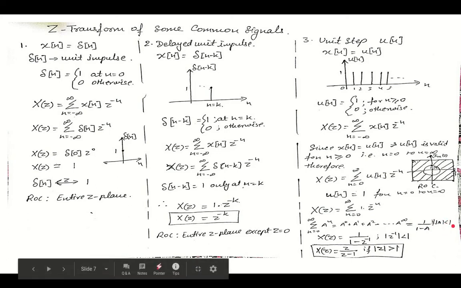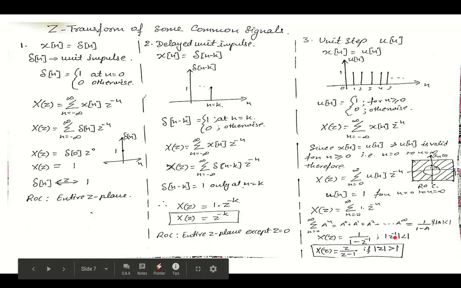It in itself tells us the convergence. So if I put z to the power minus 1 instead of a, I will get X(z) equal to 1 upon 1 minus z inverse.